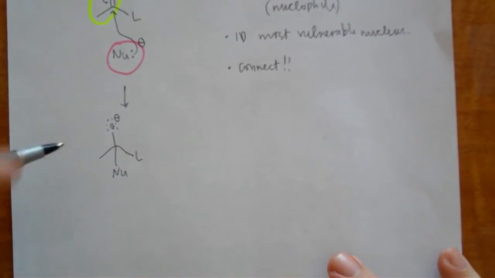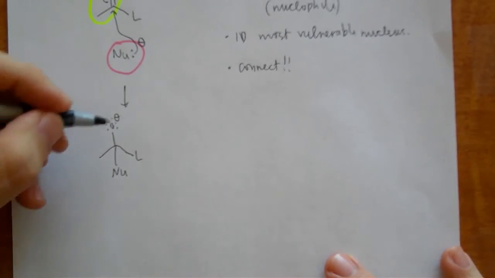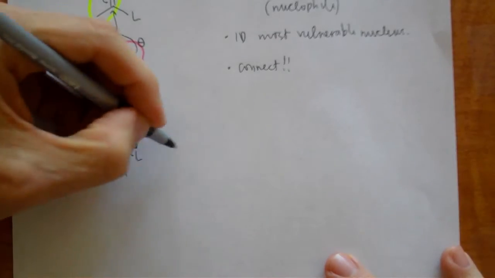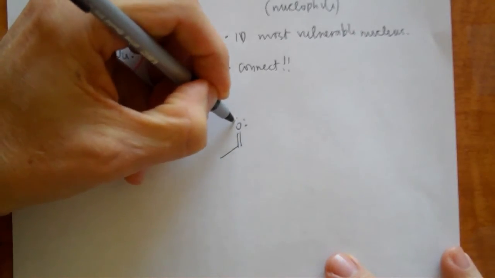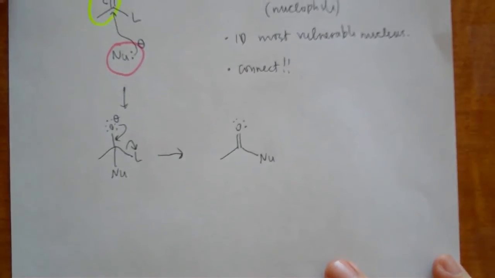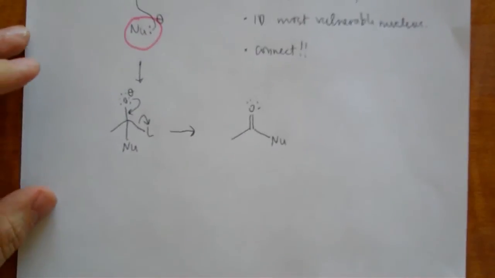And with our SN1 and SN2, we had a nucleophile come in and a leaving group leave. So in this case, this is going to come back down here and the leaving group's going to leave. Okay, and that's it.